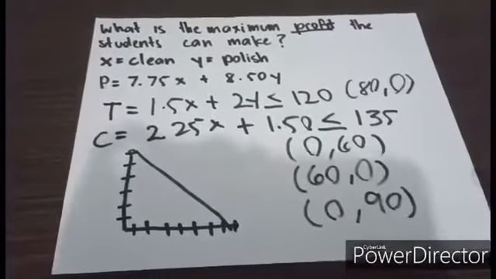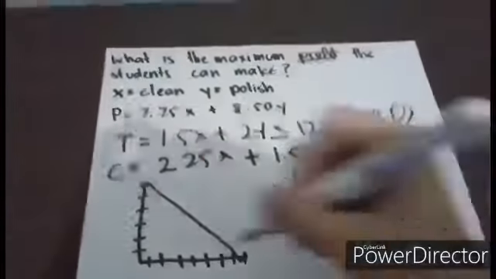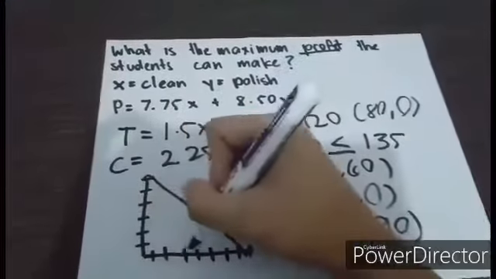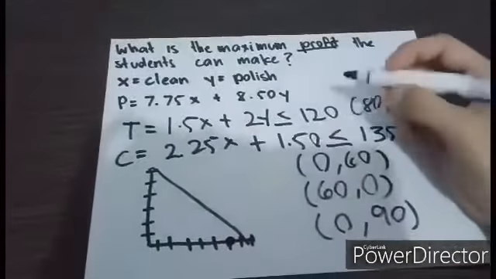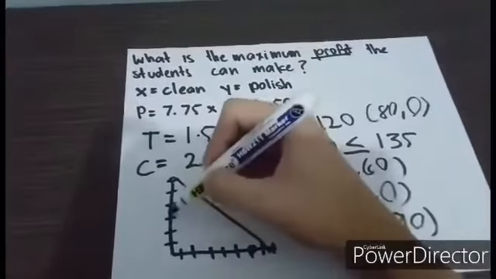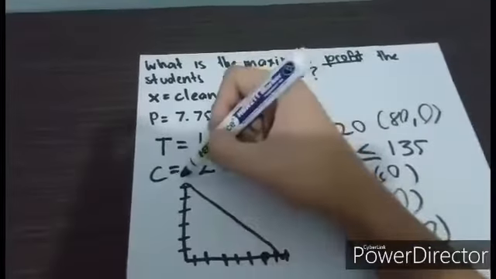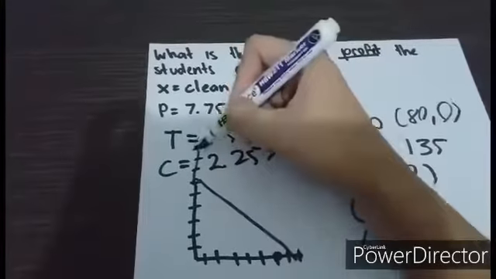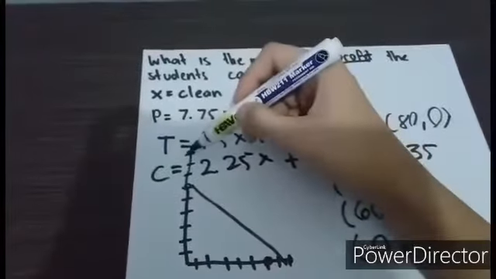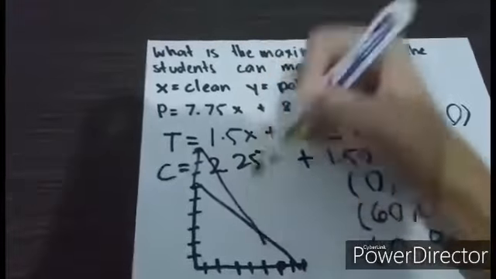So in the graph, for the x-axis, it will be 1, 2, 3, 4, 5, 6. And for the y-axis, it will be 1, 2, 3, 4, 5, 6, 7, 8, 9. And I'm going to connect it with a straight line.